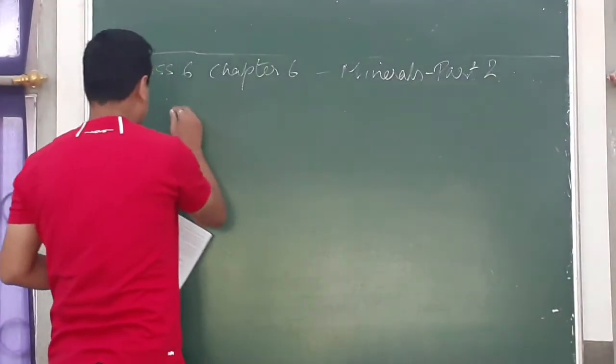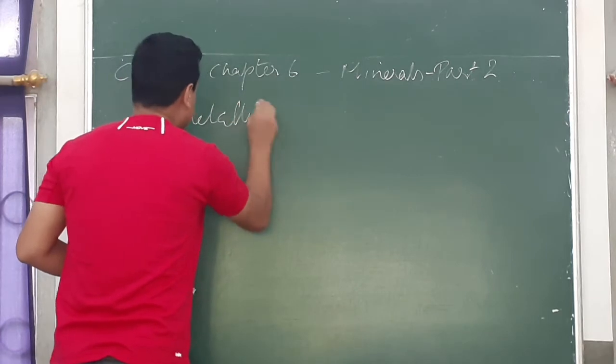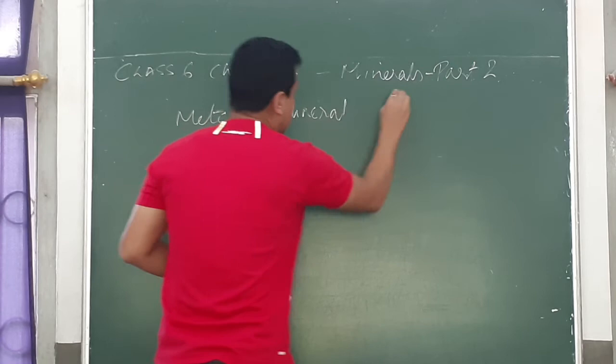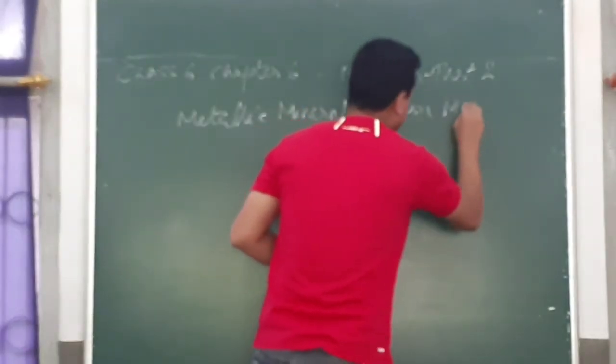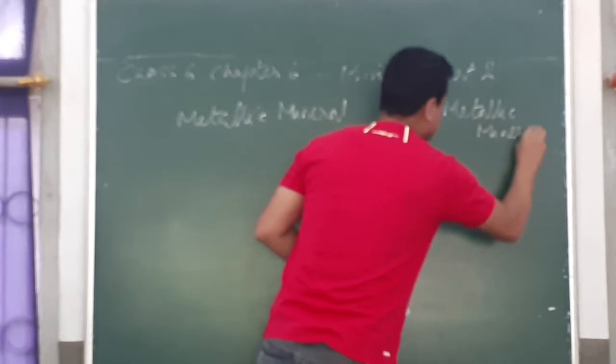Now, we are going to study a little bit of difference between the metallic minerals and the non-metallic minerals. Metallic minerals, I'm writing here, and non-metallic minerals. I'm giving a little bit of difference here.